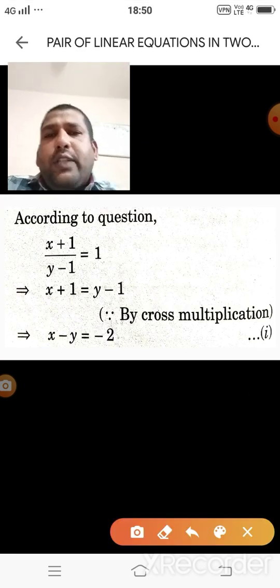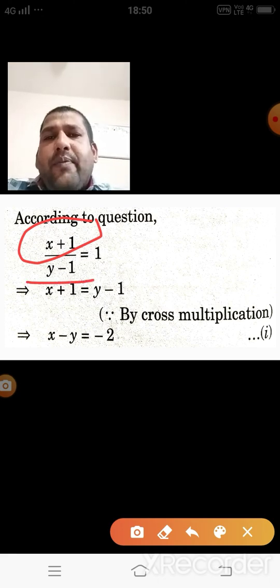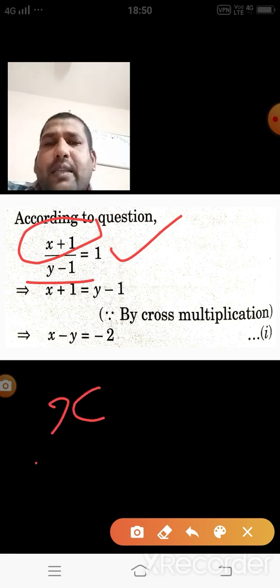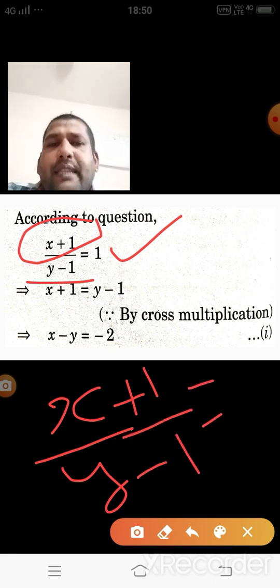Then according to the question, if you add 1 to the numerator and subtract 1 from the denominator, then the fraction becomes 1. This is the fraction x upon y, and if you add 1 to the numerator and subtract 1 from the denominator, this fraction becomes 1.